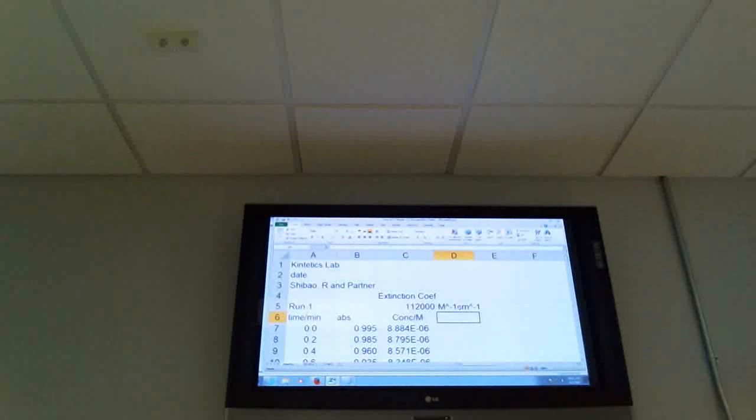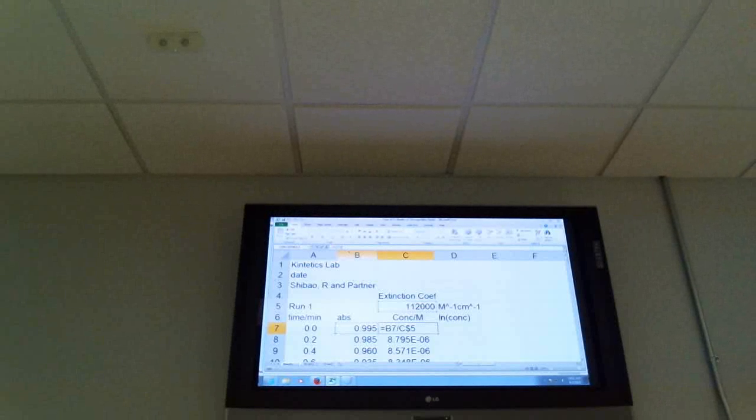Yeah, Matthew? I'm having a little issue here with the formula. I'm not calculating... The formula? For the ln of concentration, it's just equal to ln of the cell.